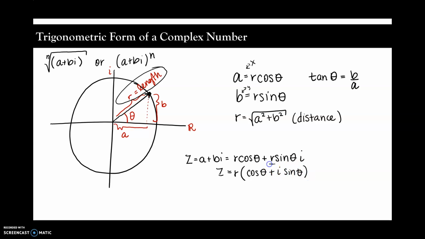And we can bring that R out because it's a part of both of them. Now, this is called the trigonometric form, but another form that you'll be much more familiar with later is polar form. That's probably how you'll know it if you get into math or engineering or something like that.